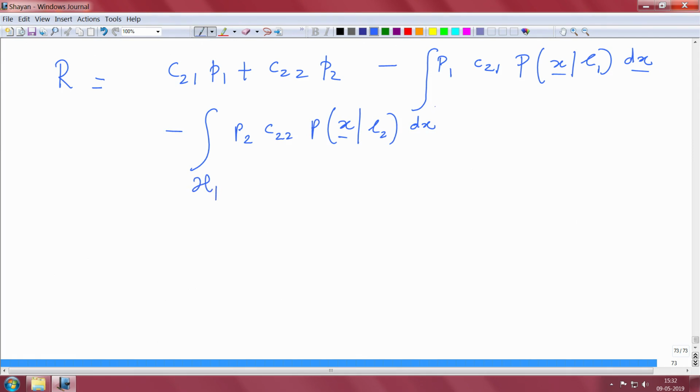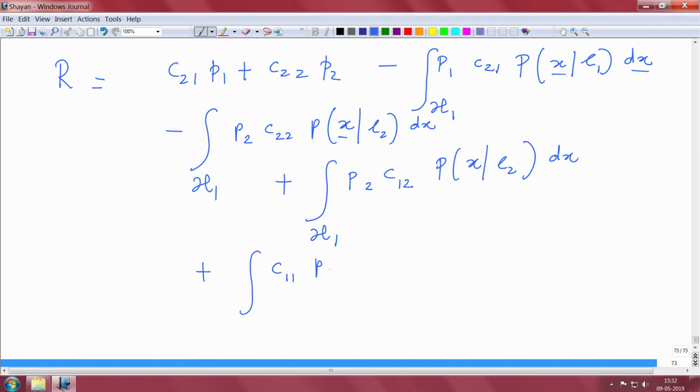I think this has to be written carefully, and we have the rest of the other quantities, which is integral P2 C12 P of x given C2 dx over H1, plus integral C11 P1, the conditional density P of x given C1 dx, over the space H1, because all those in space H2 I want to convert into H1. That is the reason why I simplified it this way.